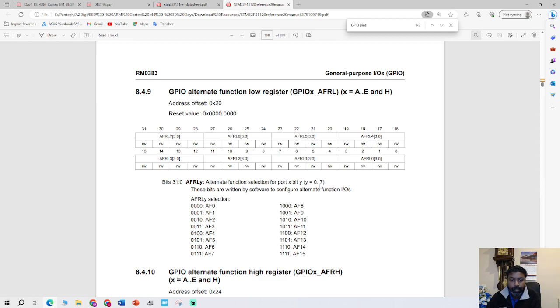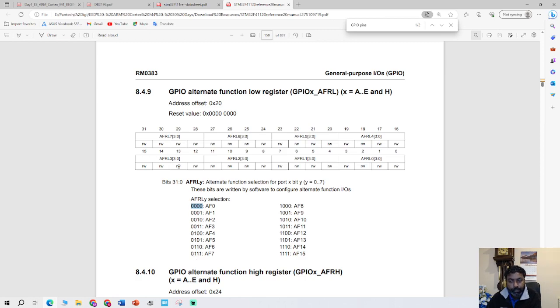They take it as 8 bits: 32 bits is converted to 8 bits, and they come up with this to use alternate function. So for instance, if you want to use AF7, it has to be 0 1 1 1.